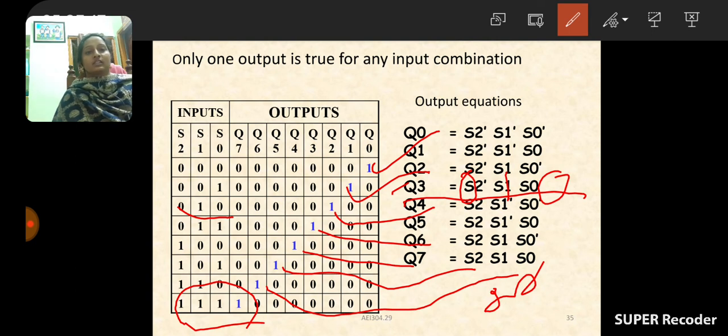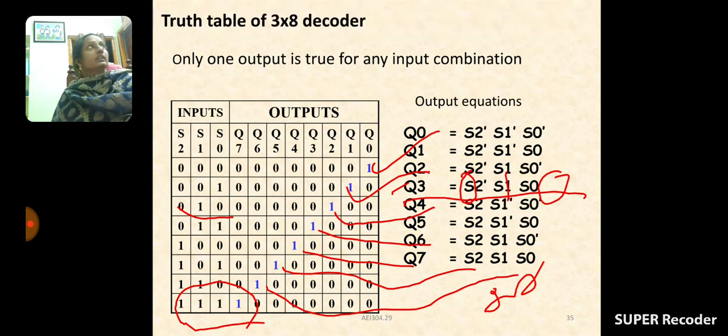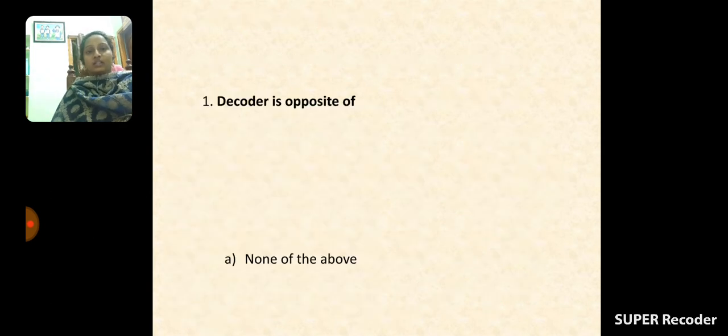Next Q6: S2 and S1 no bars, because S2 is 1, S1 is 1, and S0 has a bar. Next Q7, all are high: S2 is 1, S1 is 1, S0 is 1, so no bars are there. Is it clear? This is the truth table of the decoder and these are the logical expressions in terms of S0, S1, S2. This is about our decoder.